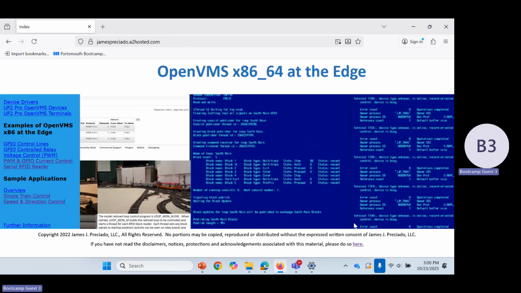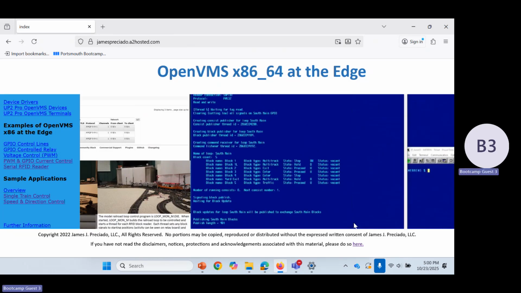This is actually running on this board, the Odroid board. This is actually dual boot. It runs Linux that has KVM on it, so I can run the RabbitMQ server on it.